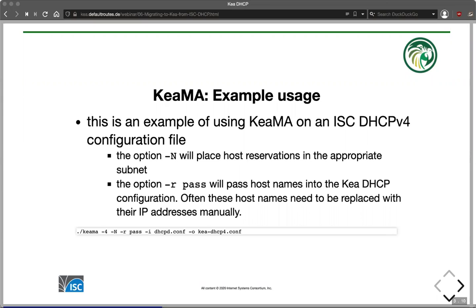ISC DHCP can look up domain names in the configuration file and replace them with the first IP address that is being returned by the DNS.